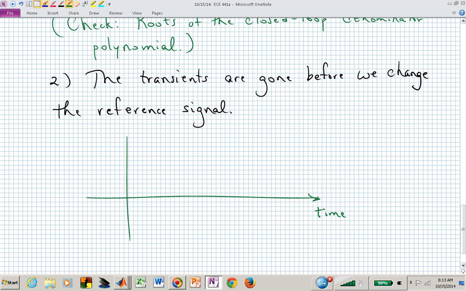Now if our reference input was doing this, let's say this is our reference. We need our transient to be gone. And how do we usually measure a transient? The duration of our transient. To infinity and beyond, right? And what's infinity? 4 or 5 time constants. This textbook uses 4, the 2% settling time. How would we indicate that on this diagram?